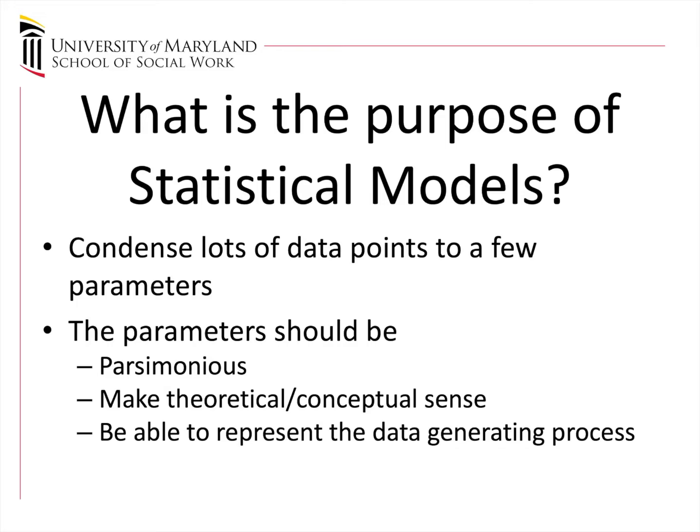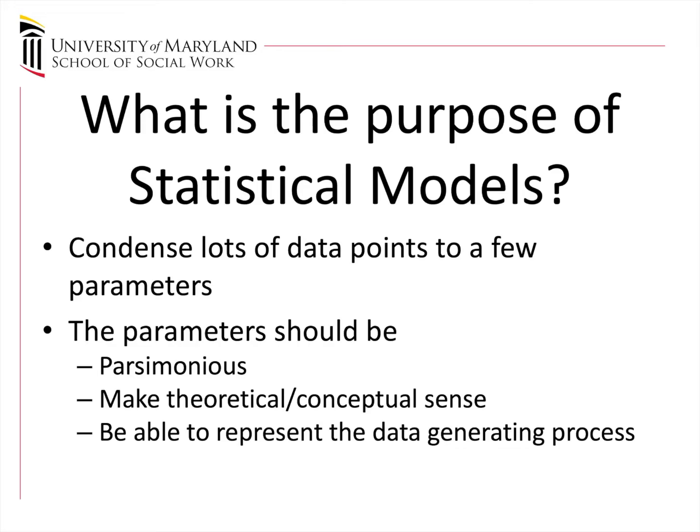If we were interested in just understanding what everyone was like at every point in time, then we wouldn't use statistical models, but then we wouldn't get anything done because we'd be overwhelmed. So we want our parameters to be parsimonious, we want them to make theoretical, conceptual sense, and we want them to be able to represent this thing called the data generating process.